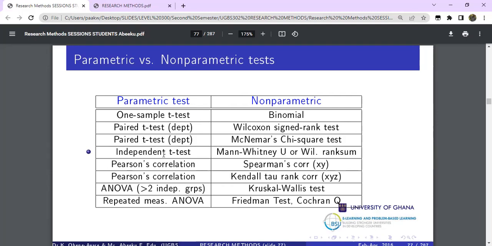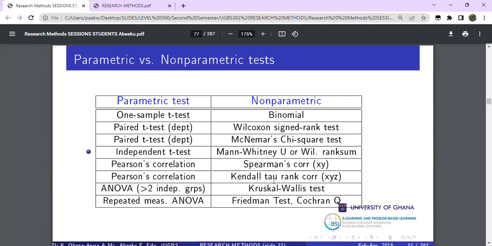And we have the independent t test. Hope you recall that earlier this class I said we have two types, dependent and independent. The independent t test is parametric, and its non-parametric test is the Mann-Whitney U or Wilcoxon rank sum test. For correlation, we have Pearson's correlation and Spearman's correlation.